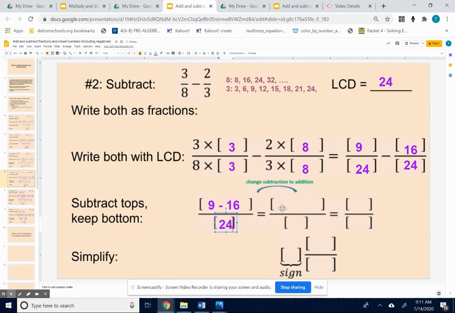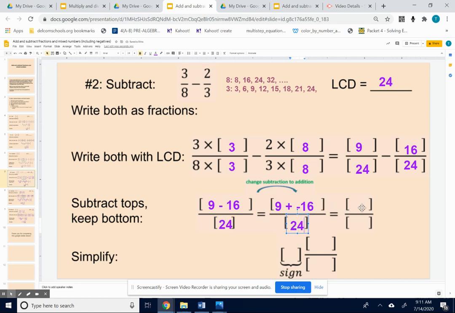I think it would help you guys if you change that to an addition problem because it's a little bit messy. It's not a bigger positive minus a smaller positive. So I would same change opposite that. Keep the 9 the same. Change subtract to add. And then the opposite of a positive 16 is a negative 16. So we have 9 plus negative 16 over 24.